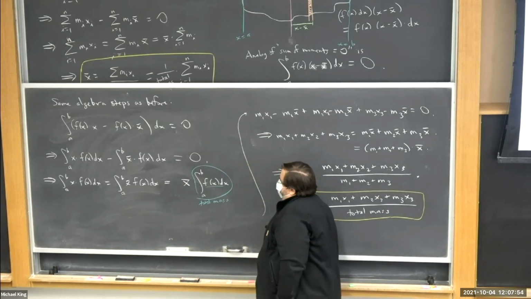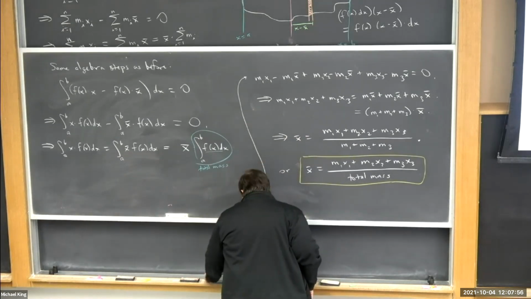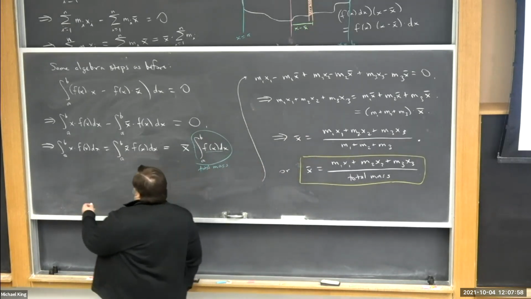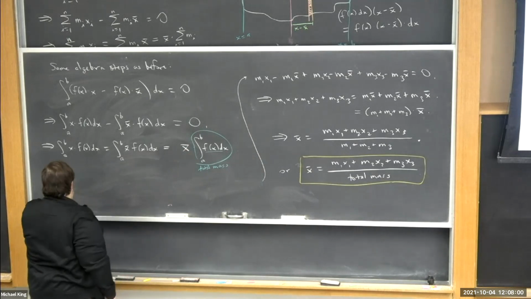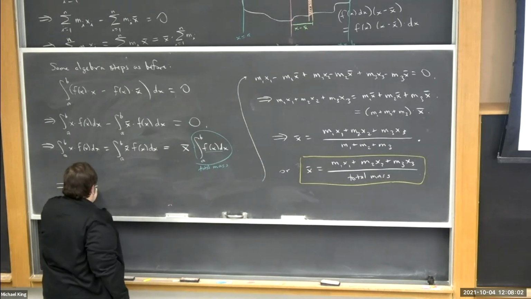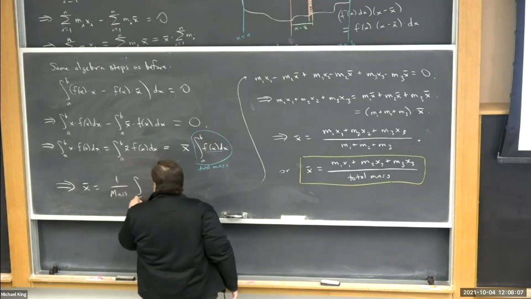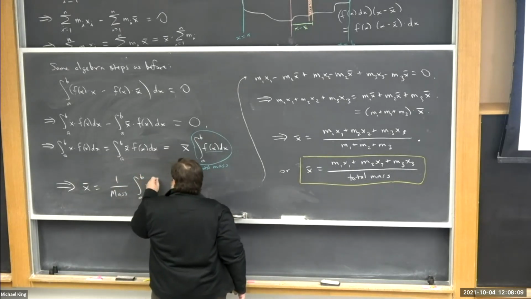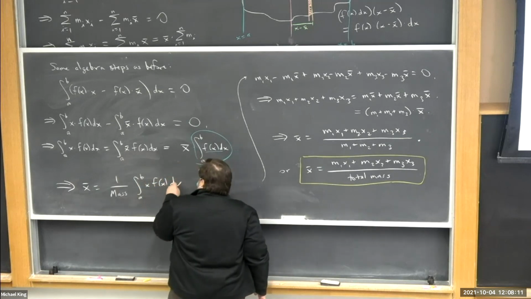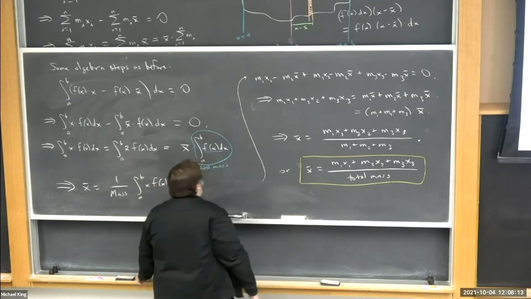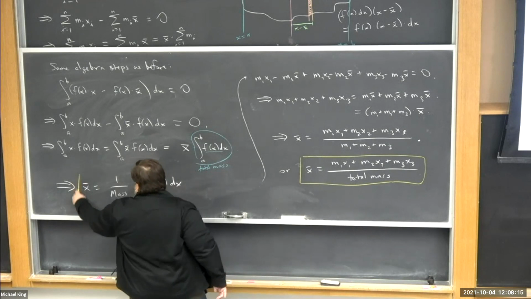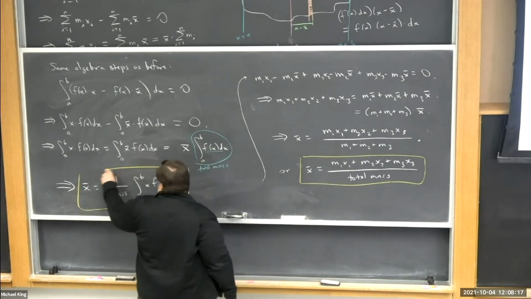And that means x bar equals 1 over the mass times this integral. If I divide this to the other side, x bar is 1 over the mass times this integral. That's the same formula as before, just written in terms of integrals.